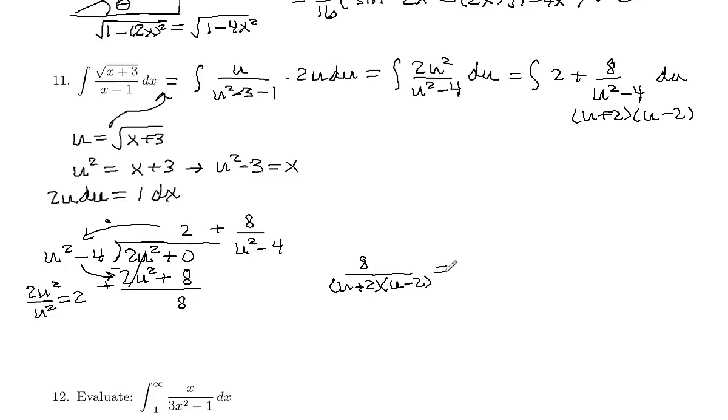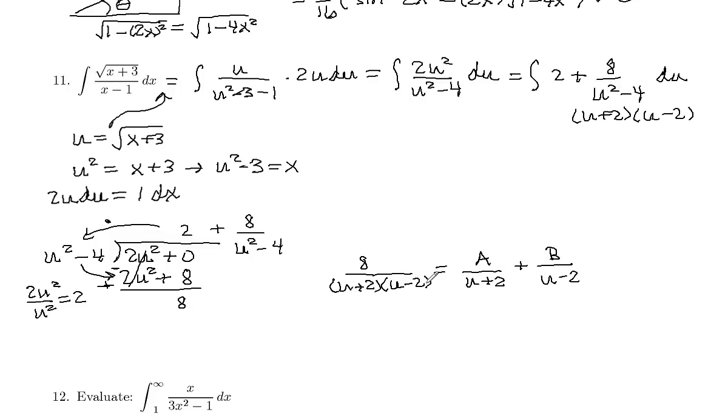That is going to equal the decomposition. We're going to have a u plus 2 term on the bottom, and there will be a number on top, so A over u plus 2. And then we're going to have another term with u minus 2 in the bottom, so distinct linear factors, and then a number B on top.